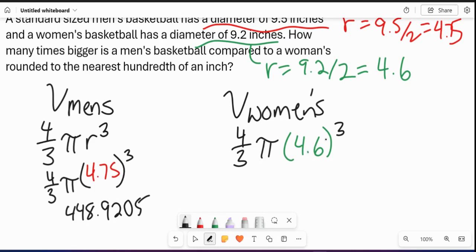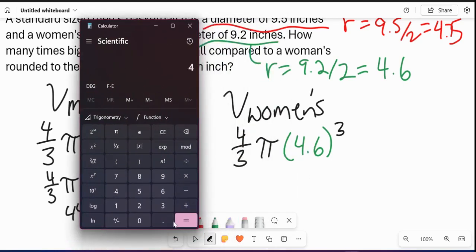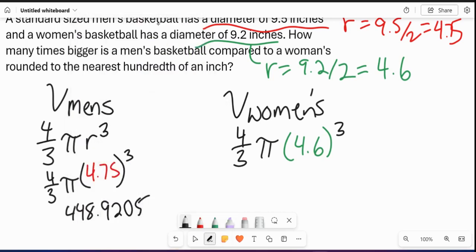So we do 4.6 to the third power times 4 divided by 3 times pi, which is 407.720008. Okay, so 407.72.